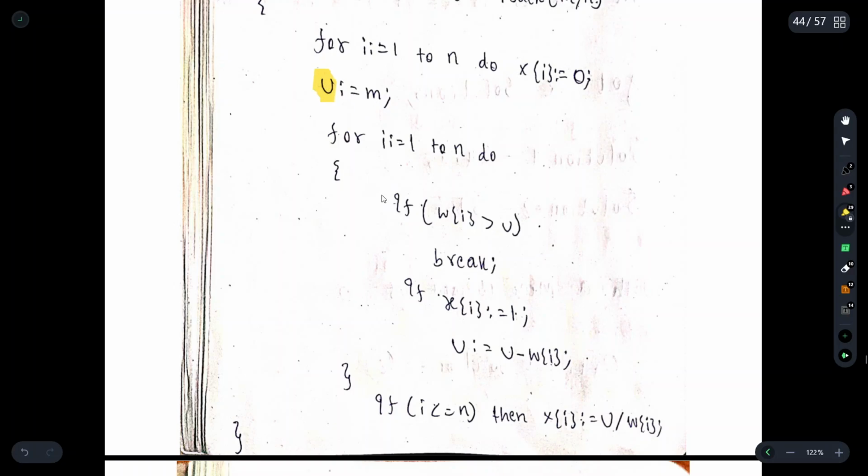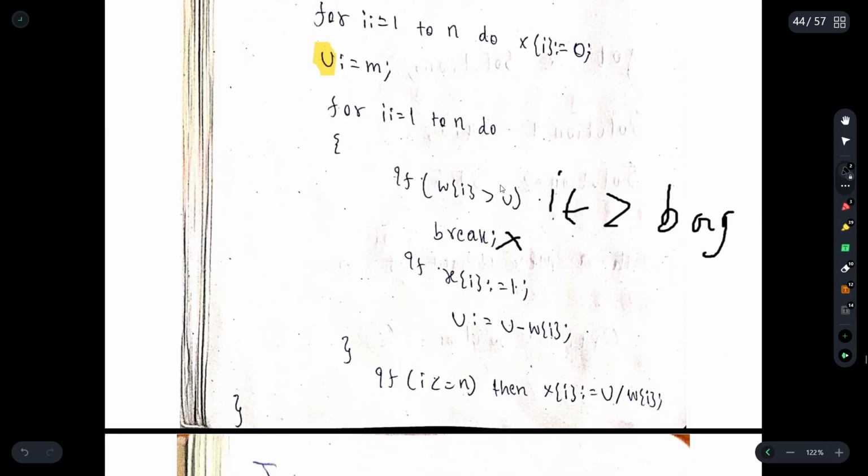For i equal to 1 to n, if the item weight is greater than the bag weight, then we simply break the loop, because an item whose weight is greater than the bag can't be carried, right? So we remove that particular item.